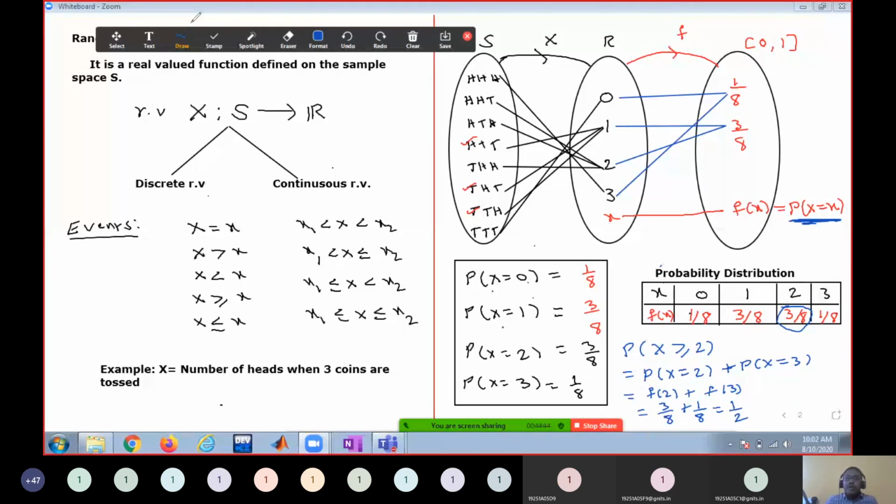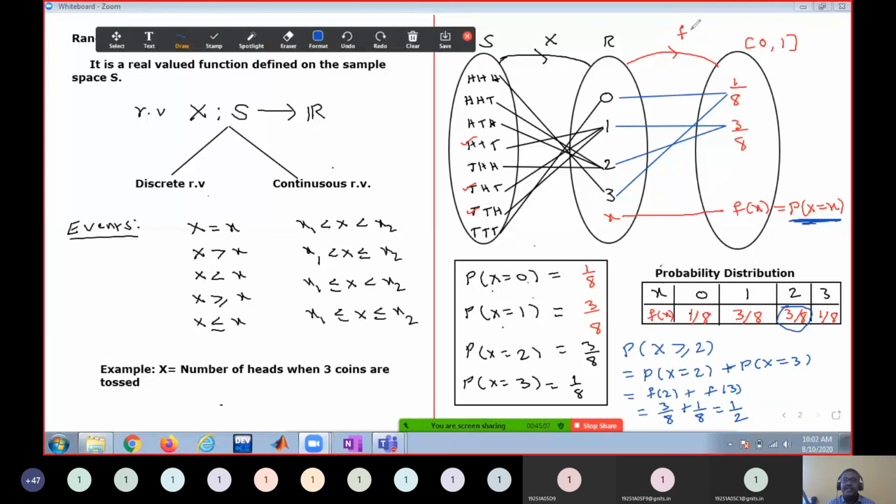Now do you see the difference between X and F? What is X? X is a function which maps sample points to real numbers. And F is a function which maps those real numbers to probability values.